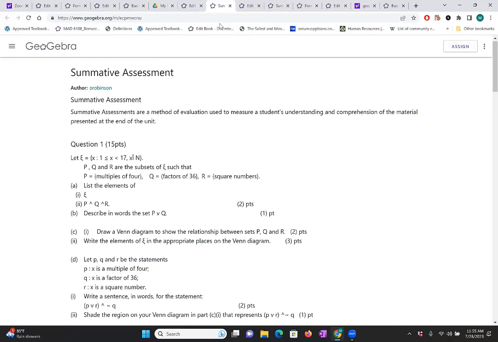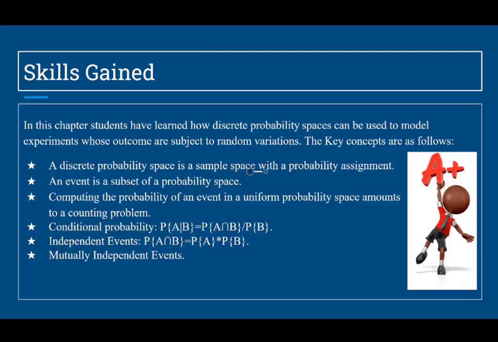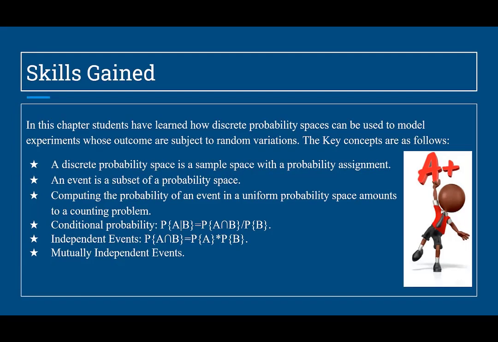Obviously, minimizing distractions. Skills gain. At the end of this course, after we have utilized the TPACK effectively using our GeoGebra activities, we will conclude the chapter. In this chapter, students will have learned how discrete probability spaces can be used to model experiments whose outcomes are subject to random variation.